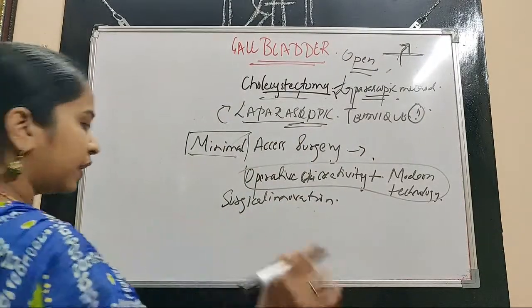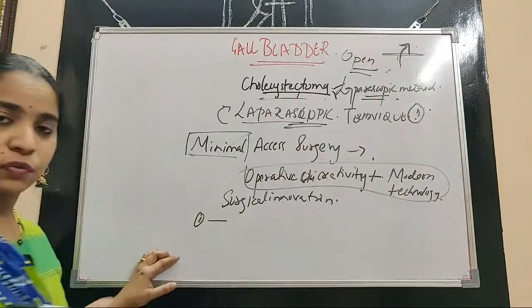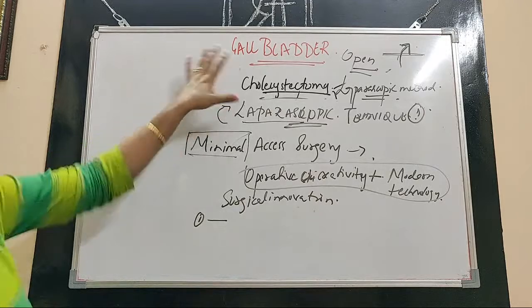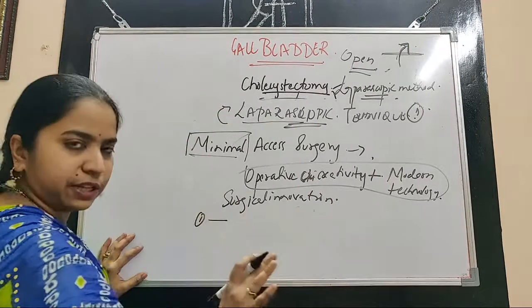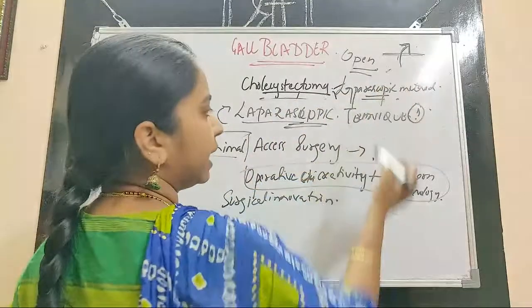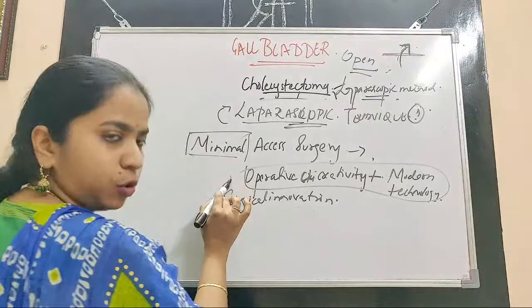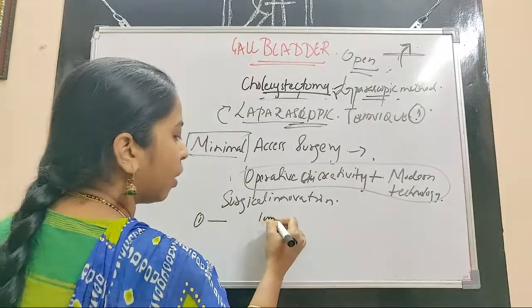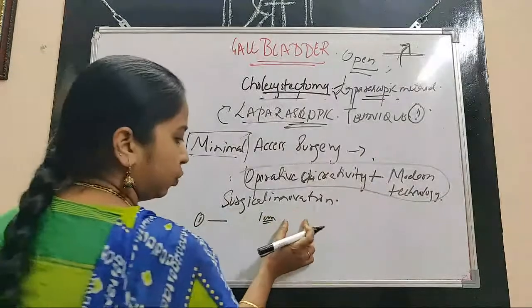Now, what are the few factors that make laparoscopy better than the open technique with respect to certain pathologies? The first thing is the wound. There is a huge difference. In an open technique, we might have a larger wound, but in a laparoscopic technique, it is usually around 1 centimeter incision that we take. Smaller wound is created.